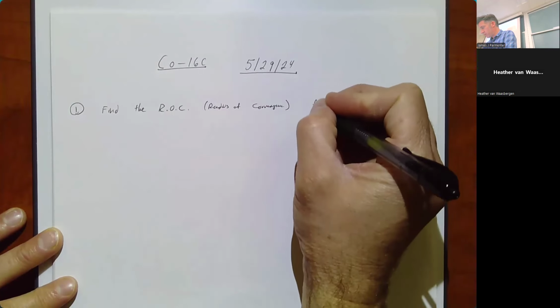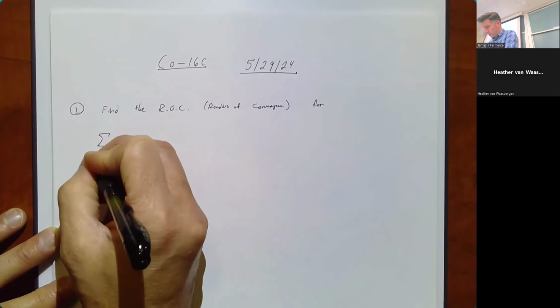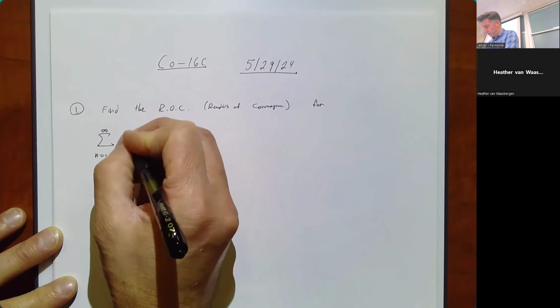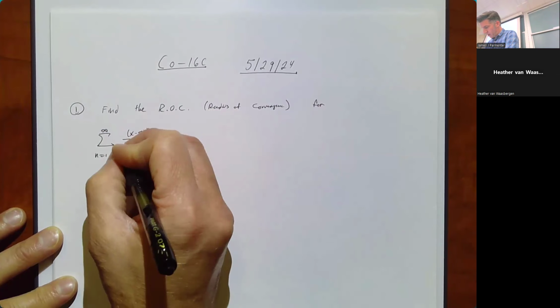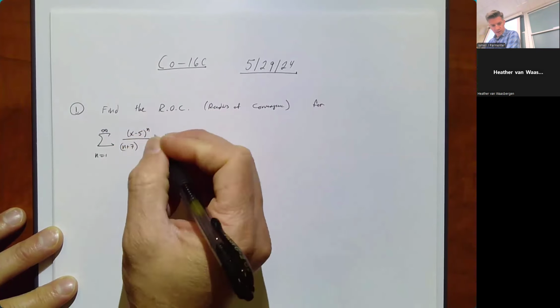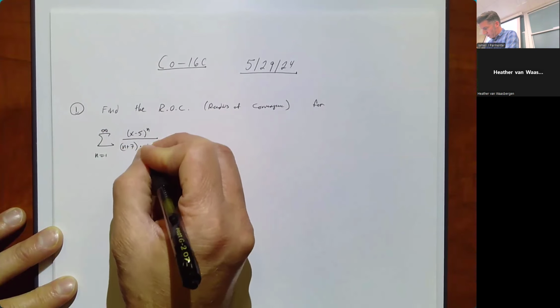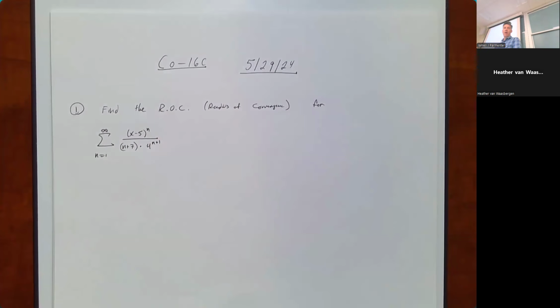For the series, the sum from n equals 1 to infinity of (x minus 5) to the nth power over (n plus 7) times 4 to the n plus 1. And just like every other time we've done one of these radius of convergence questions, we're going to use the ratio test.